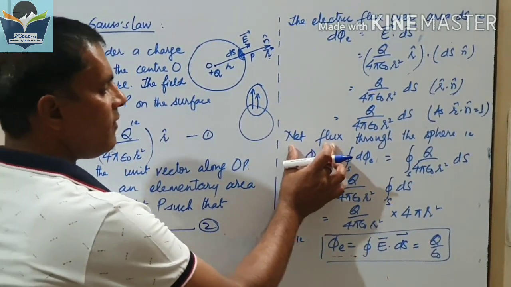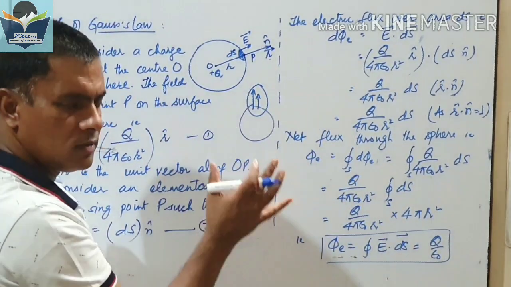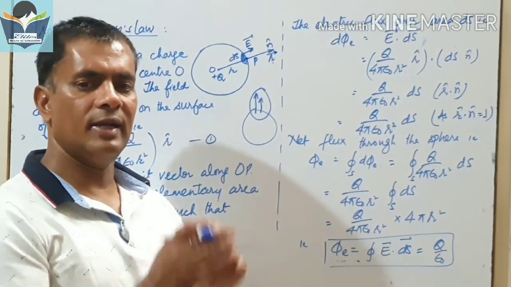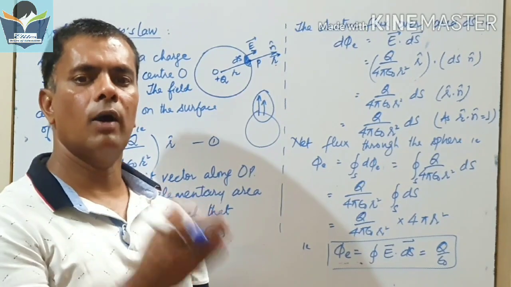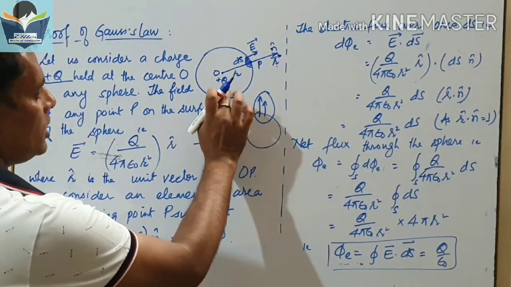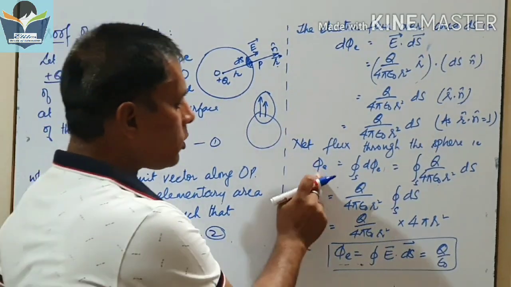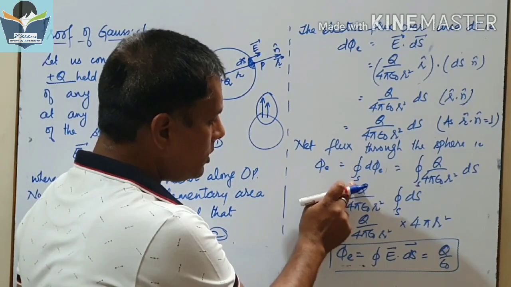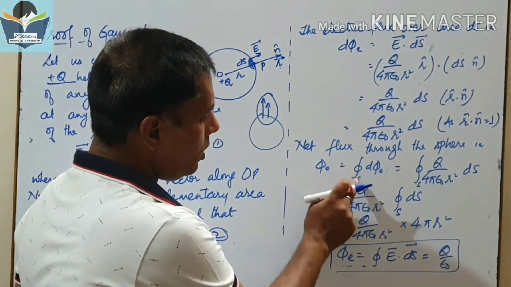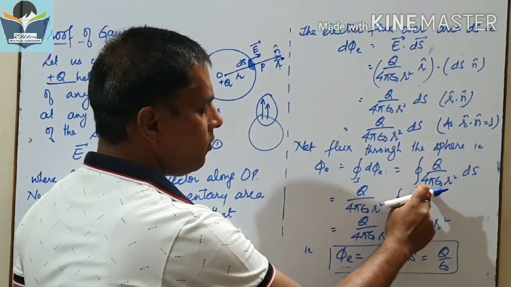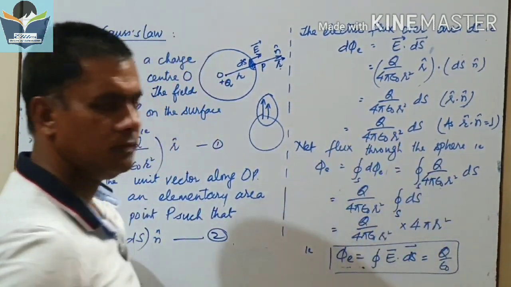Now if we have to identify the total flux through the surface, what we are doing? We are proving Gauss's law. What it says is that the total flux is 1 upon epsilon naught times the charge enclosed. So total flux will be the integration of d phi over the whole surface. So we place here the d phi e value, q upon 4 pi epsilon naught r square ds.